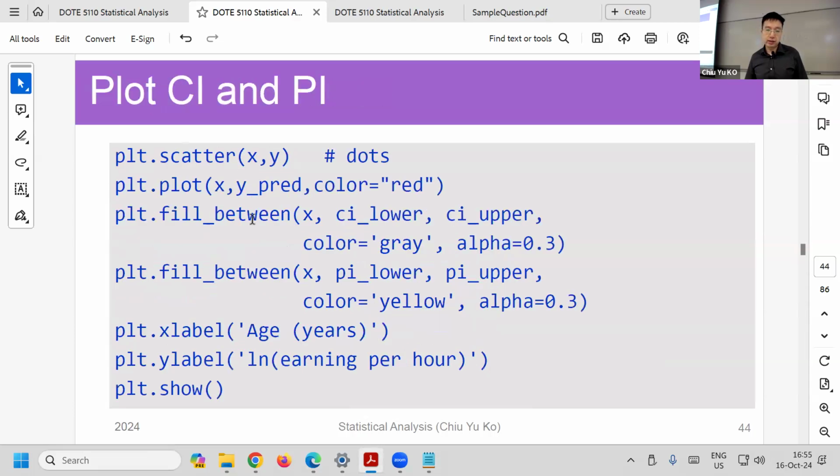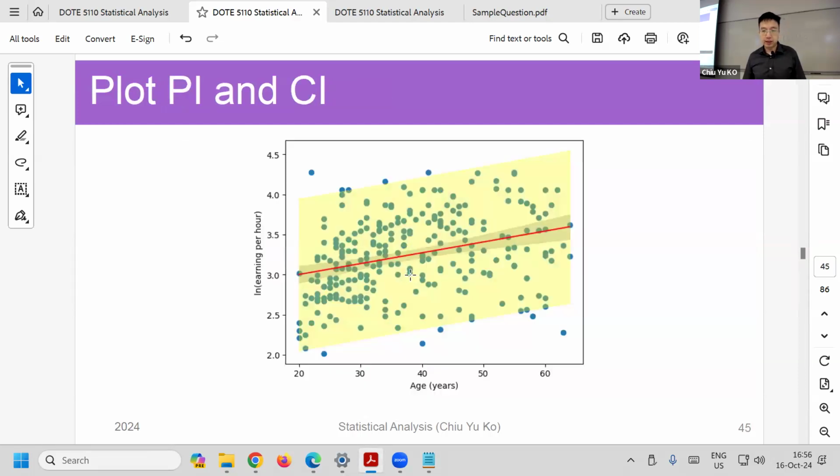Okay, and you do the same code here: scatter plot, fill between gray, fill between yellow for the PI, right? And if you see this, it's pretty amazing because the mean interval is very narrow, but the individual interval is much thicker, right? So it varies.